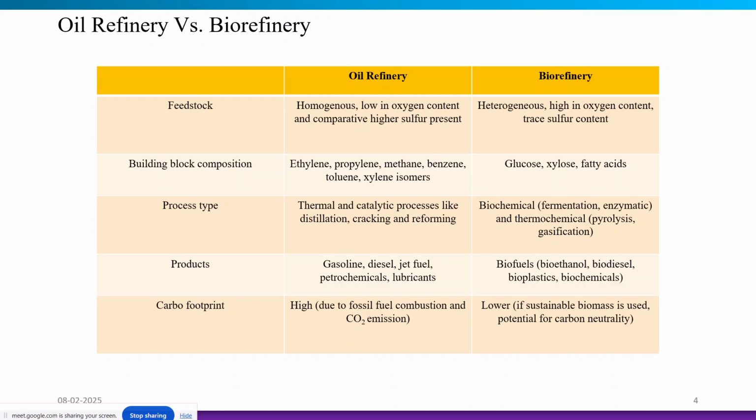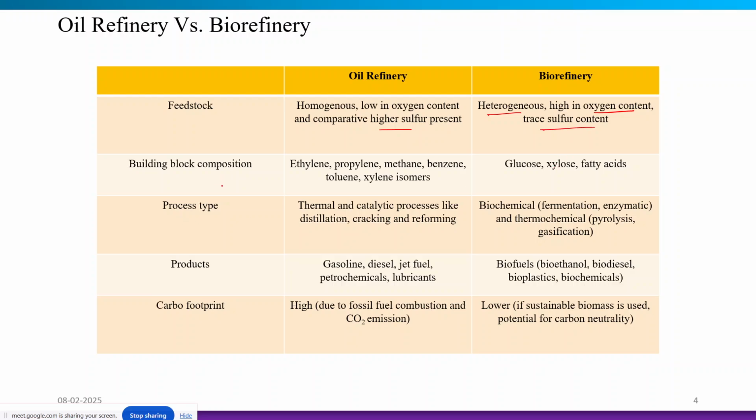Also the other characteristics are low oxygen content and comparatively high sulfur present in the petroleum oil. Whereas in the biorefinery, the feedstock has a heterogeneous composition, that biomass, and also those highly consist of oxygen, and there will be a trace amount of sulfur content.